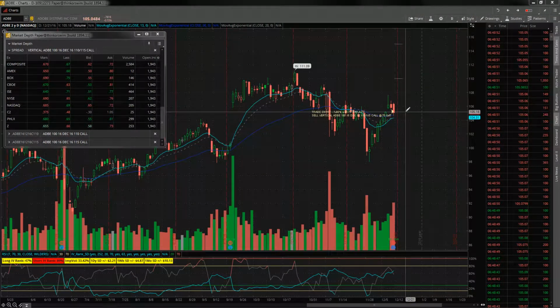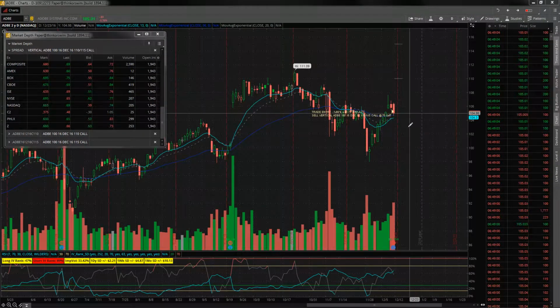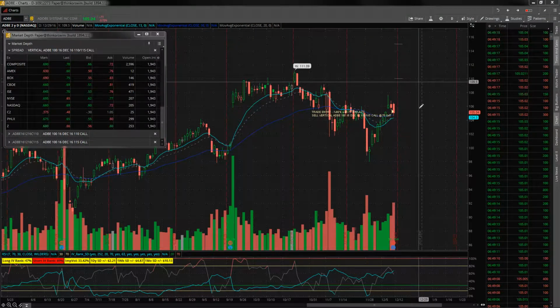I got filled at about 105.22, so as long as we stay below there, should be lovely. I'm sort of expecting it won't move too much. You don't know and I don't know, but I'd imagine somewhere between $100 and 110.